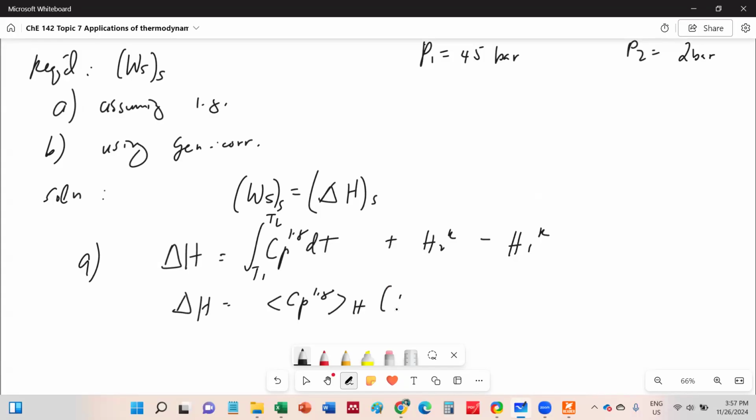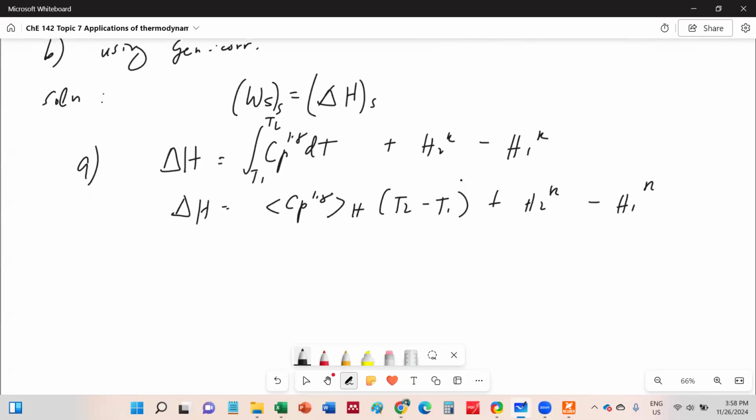then T2 minus T1, okay, plus, so this is our working equation as well.